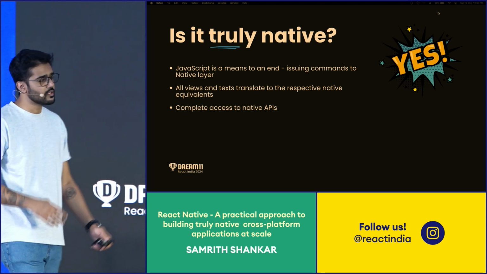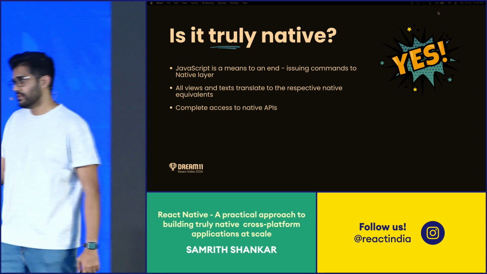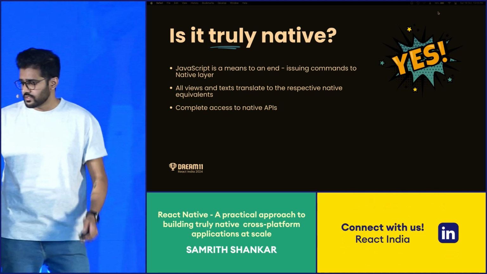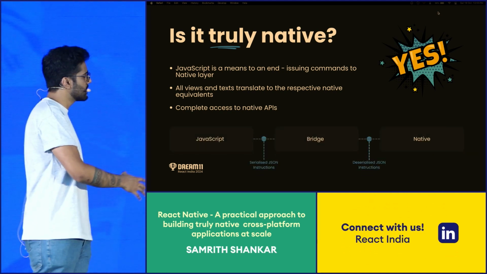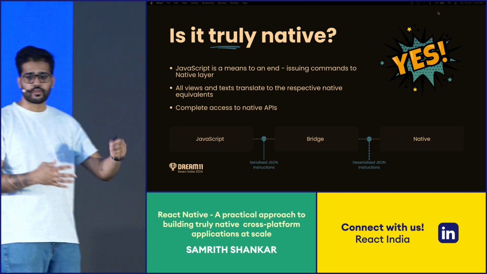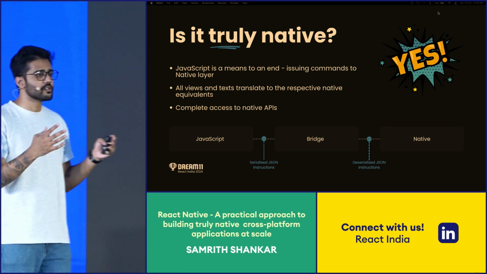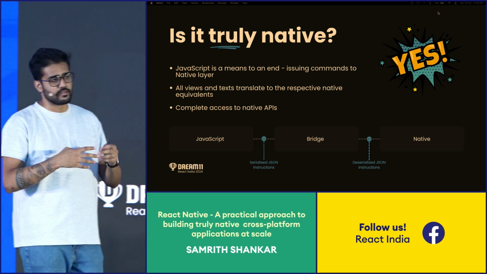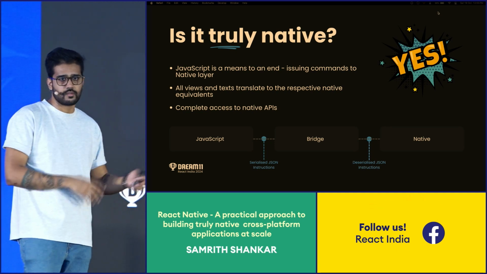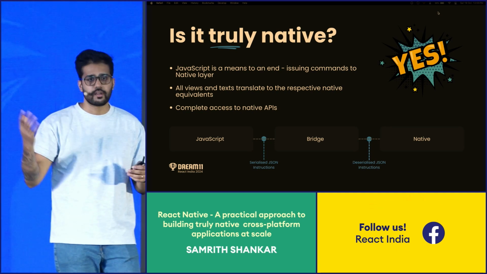The way it works right now is that whatever code you write in JavaScript is serialized and sent over something called a bridge. The bridge is a communication layer between JavaScript and the native world, because obviously native can't understand JavaScript; it's a completely different language with different paradigms.